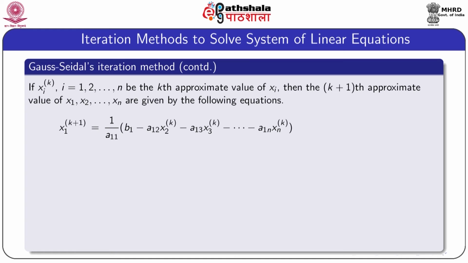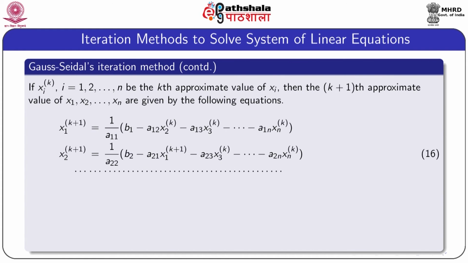The first equation of the system is this one: x1^(k+1) equals 1 by a11 into b1 minus a12 x2^(k) minus a13 x3^(k) minus dot dot dot minus a1n xn^(k). That means the kth iterated values of the variables x2, x3 up to xn are used to calculate the value of x1 at the (k+1)th stage.